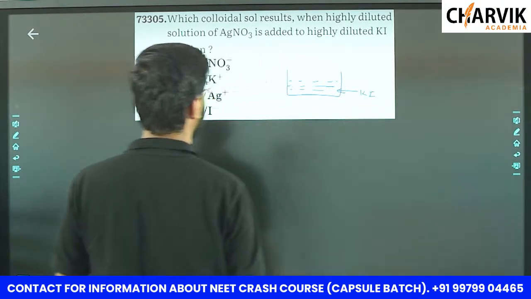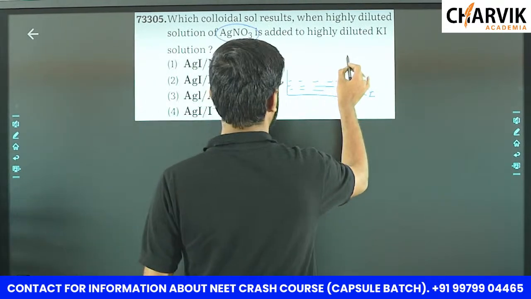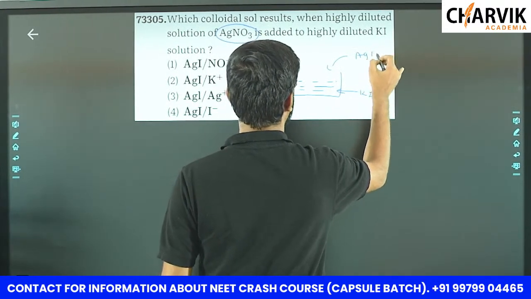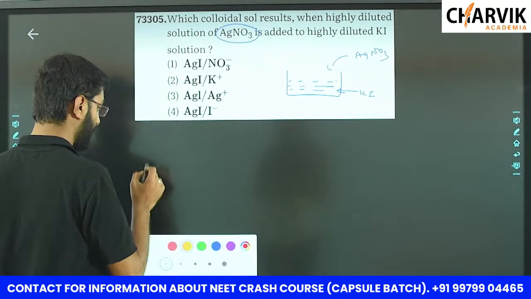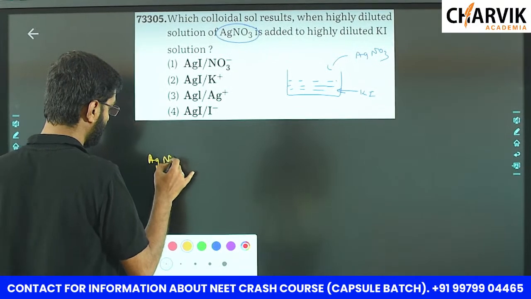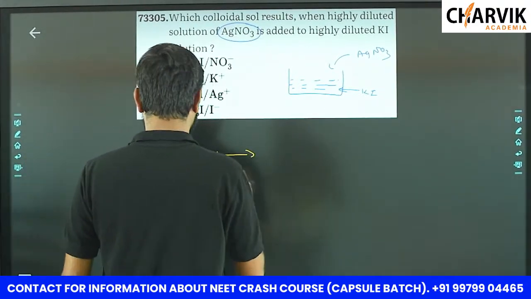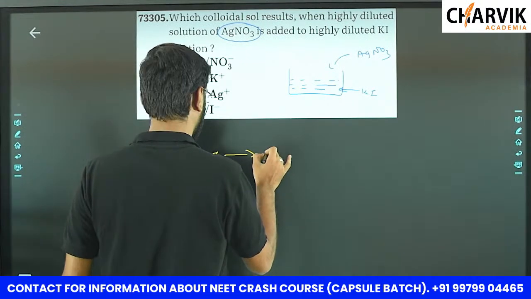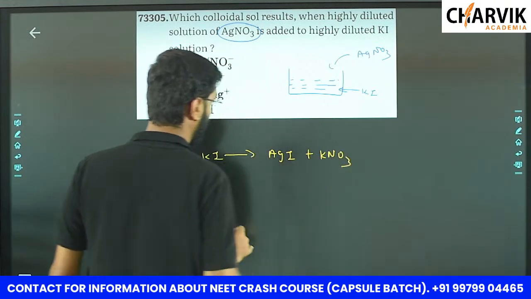And in this solution, you add AgNO3. Now you know that AgNO3 and KI will react and form AgI and KNO3, right?